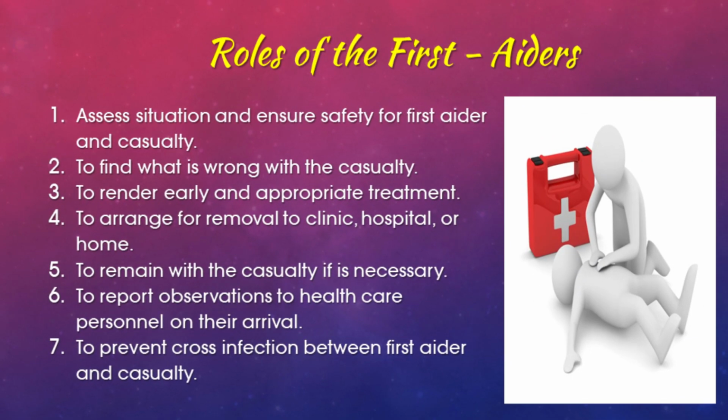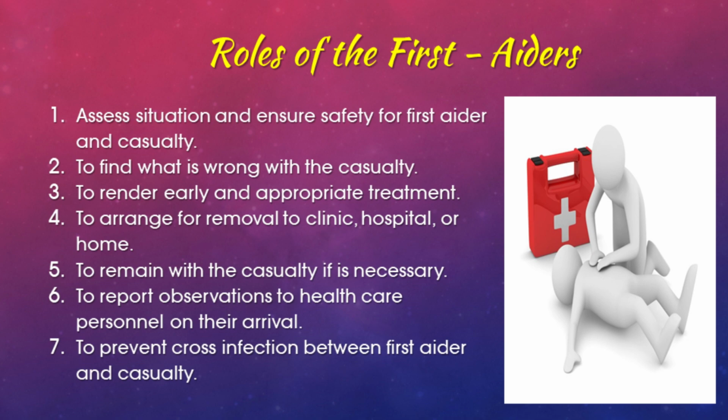So the next thing that we are going to talk about are the roles of the first aiders and the characteristics of a good first aider. What are the different roles of a first aider? Number 1, assess situation and ensure safety for first aider and casualty.